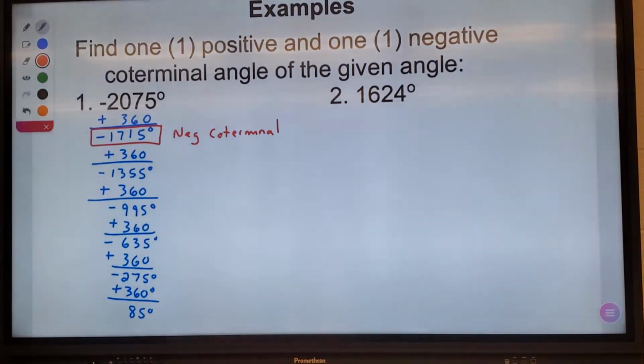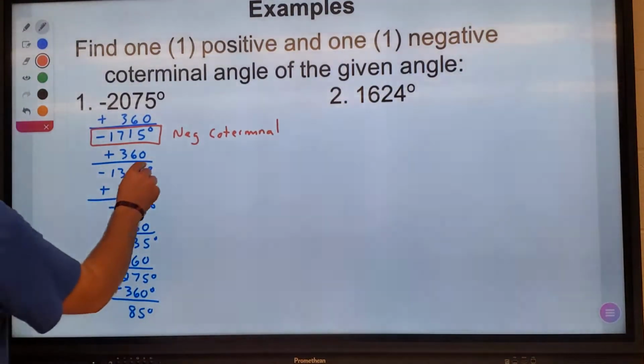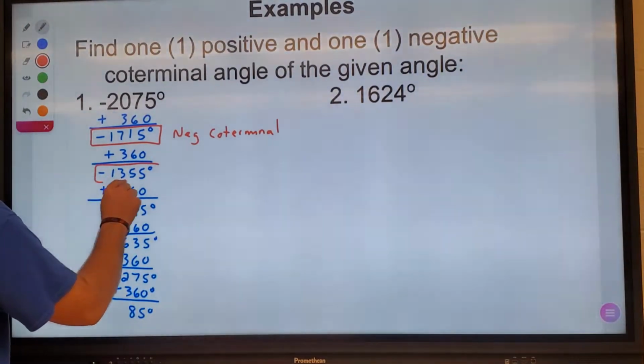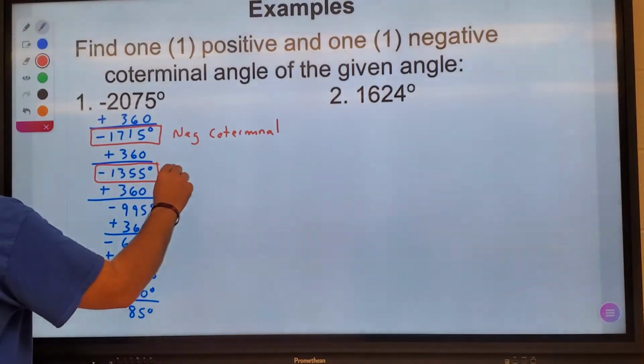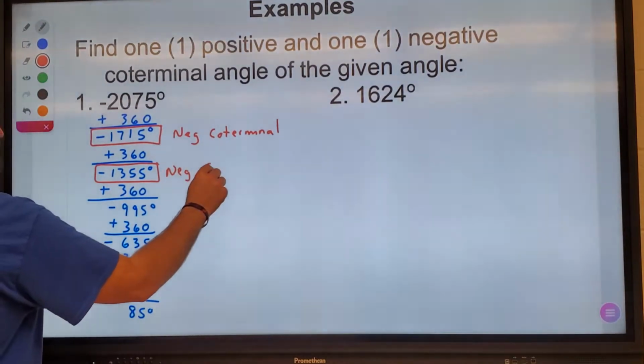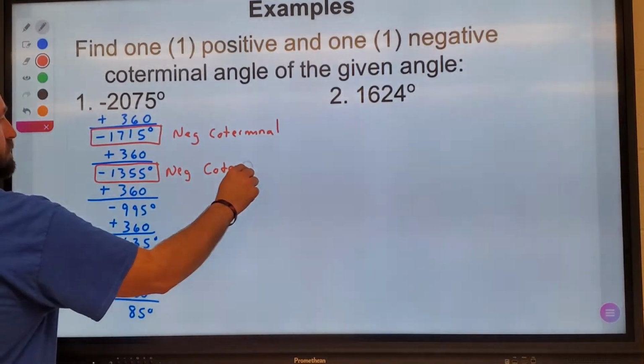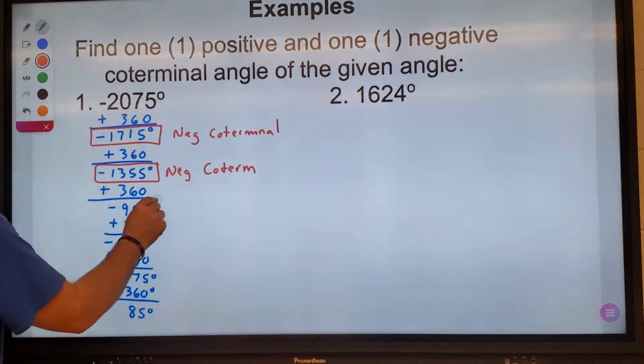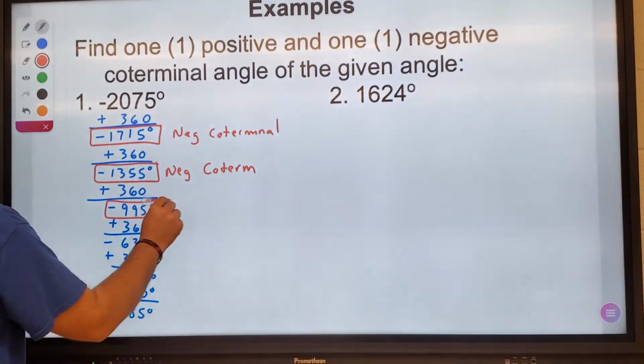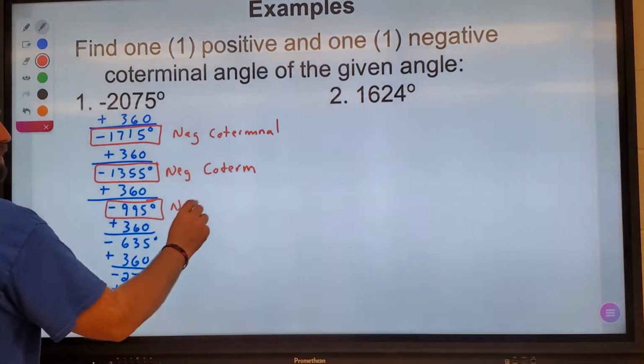Okay. When I added 360 again, this gives me another negative coterminal angle. When I add 360 again, I got another negative. This gave me another negative coterminal angle.